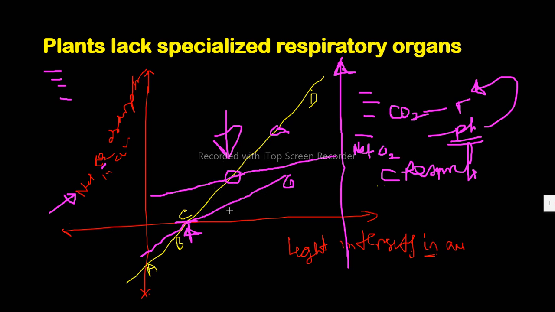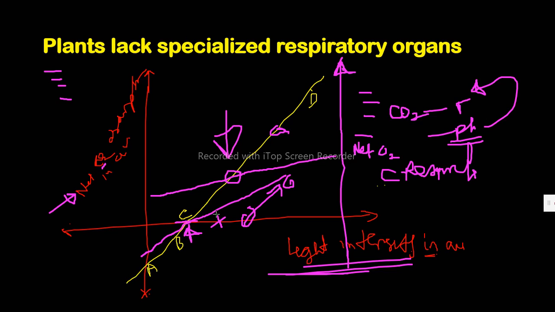I don't know if you are getting me. Yes, if they are drawn on separate curves, you can't say that at this point they are equal. But where there is no net absorption of oxygen, that is at zero, and where there is no net evolution or absorption of carbon dioxide, then if they are meeting at the same point, obviously it will be the same light intensity, because the factor on the x-axis is the same.